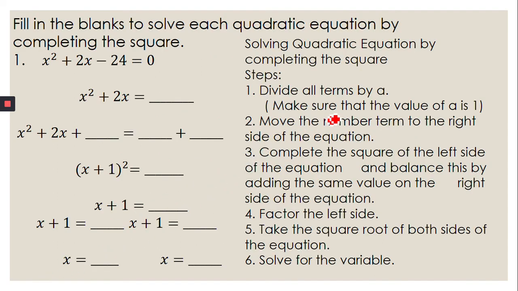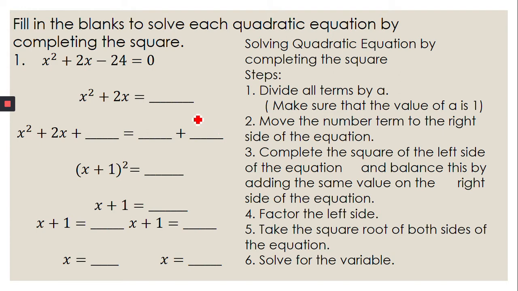Now, to solve a quadratic equation by completing the square, you have to follow steps to do that. And why are we using completing the squares when we are actually factoring the trinomial? Why don't we just factor it?